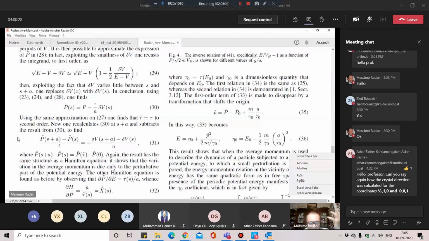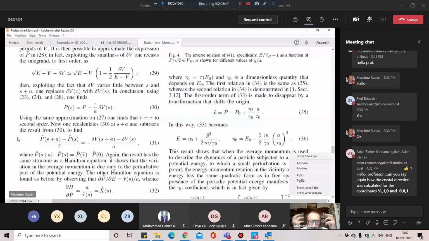So the fundamental ideas are average momentum instead of real momentum, external forces instead of the total forces acting on the particle, provided the external forces are almost constant over a period and not too strong, which is the case for the typical operating conditions of semiconductor device.